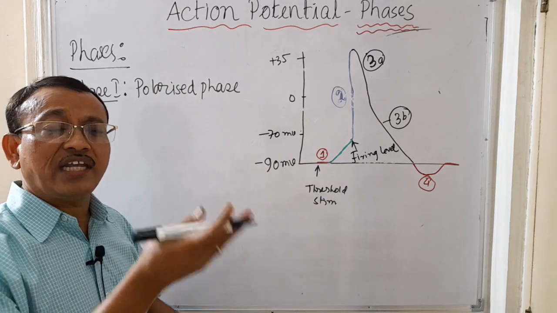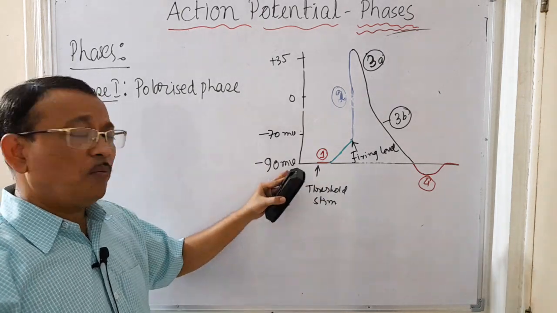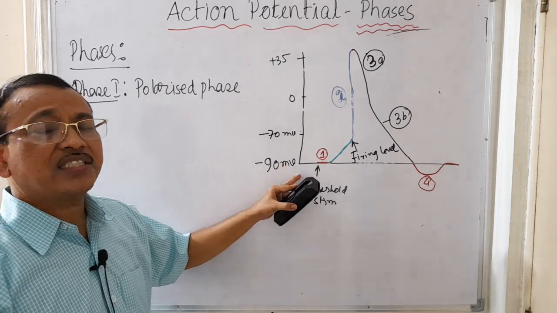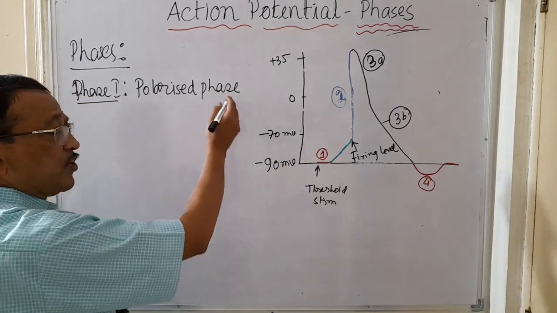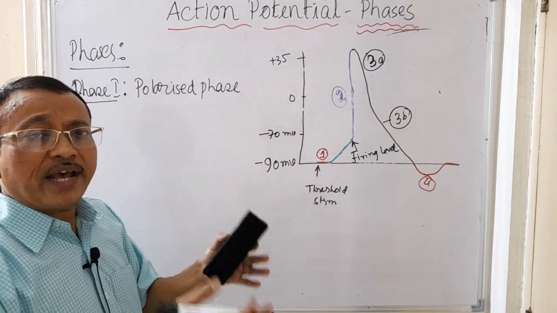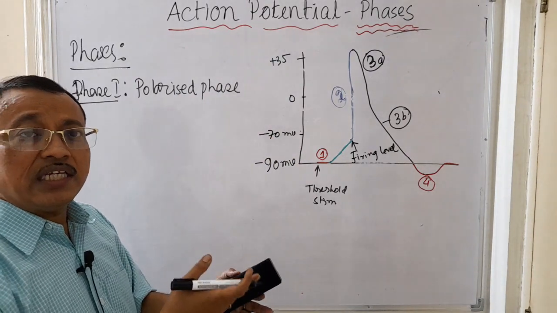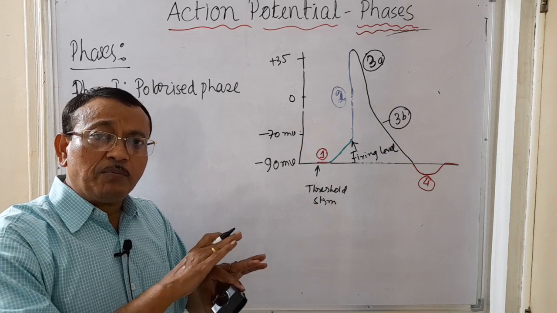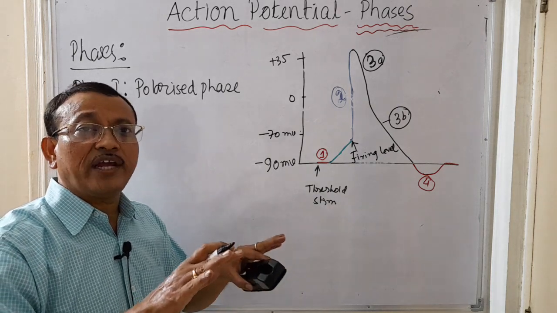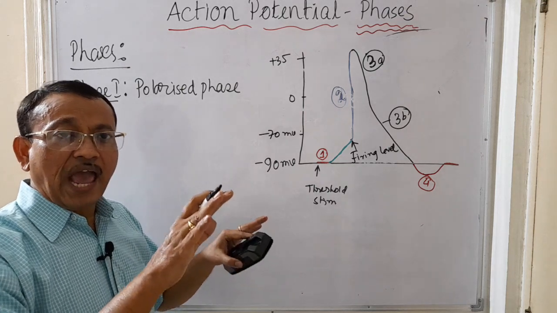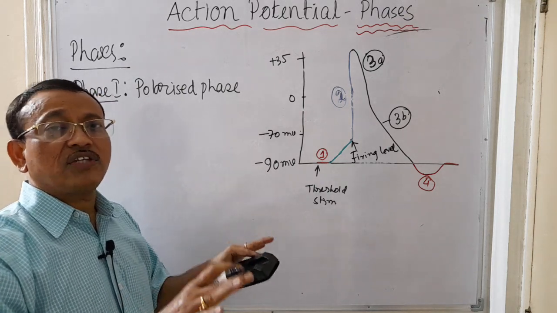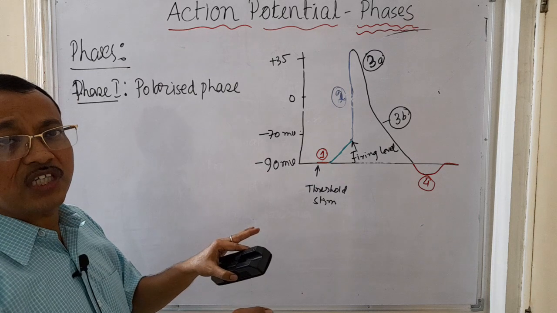That means inside electronegativity, and how much? Minus 90 millivolt electronegativity. So the polarized state of the membrane means that the membrane is inside electronegative and outside electropositive, like that of the resting membrane potential.